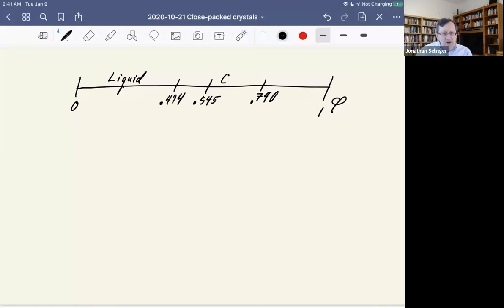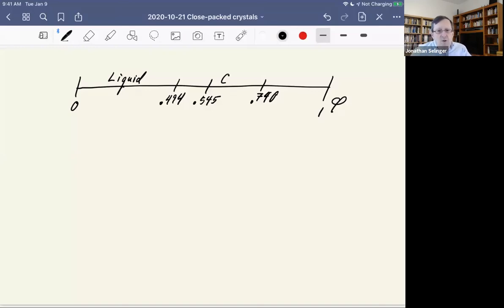What Cheng is pointing out is that if we remember how things were in the van der Waals theory, we need both the parameters B and A to get a transition between liquid and gas. This simplified system has B, some minimum volume, but it doesn't have an A. It has A equals 0.